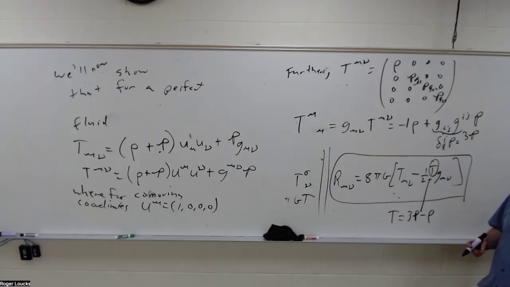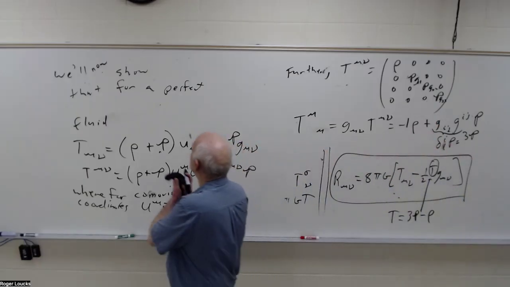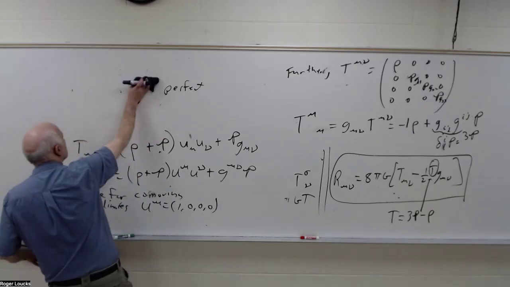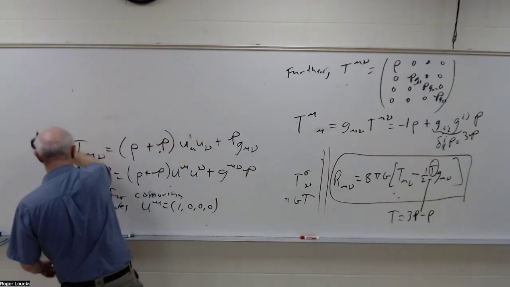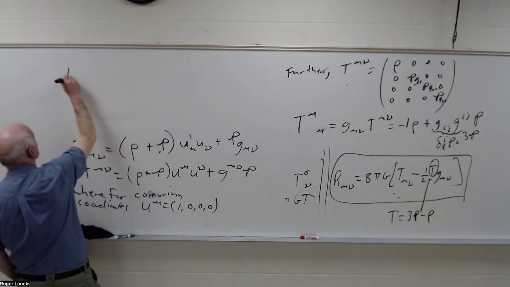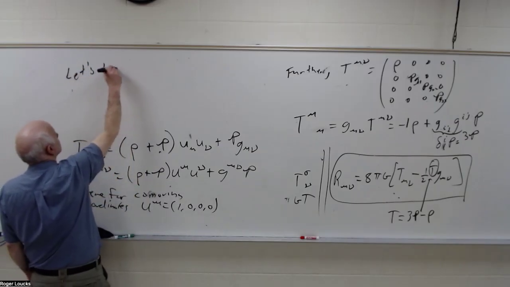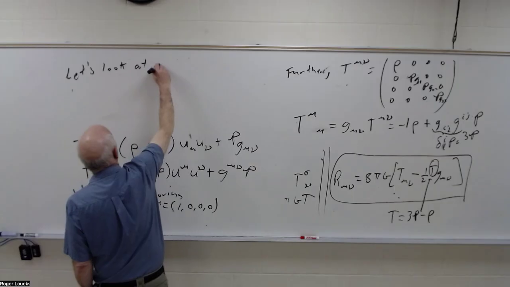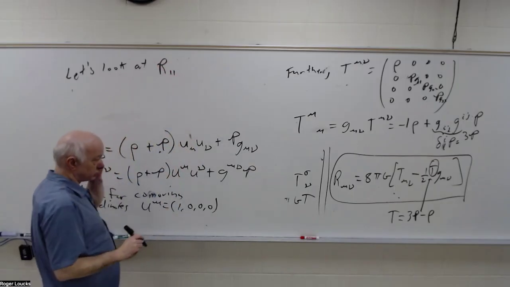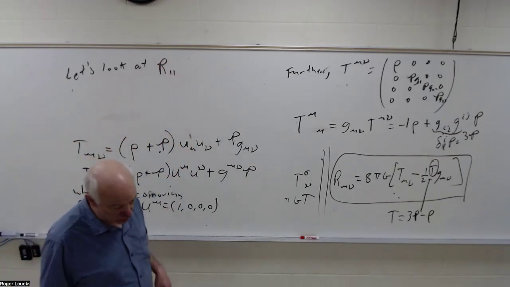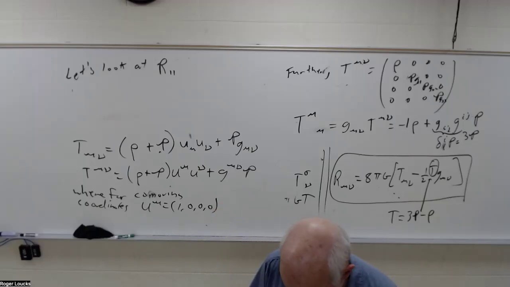Make sense? Let's actually do one to set this up. Let's look at R00. If we look at R00 from Carroll, what do we have?